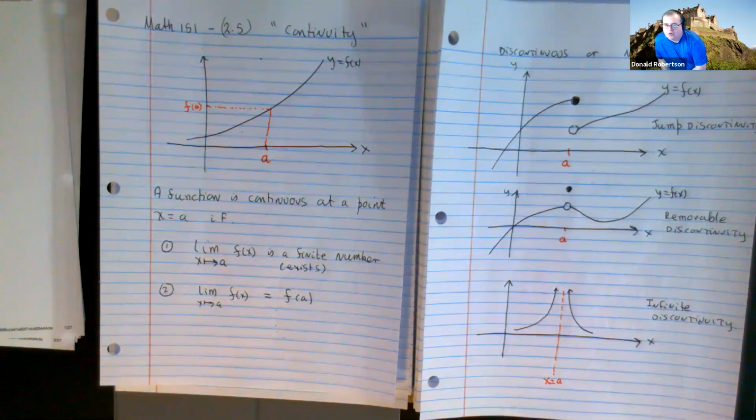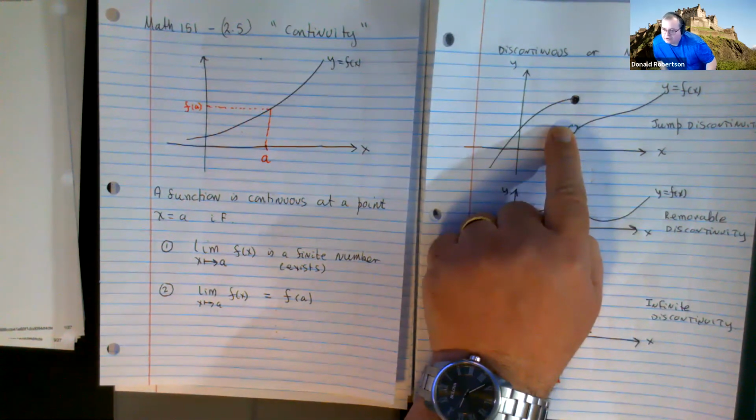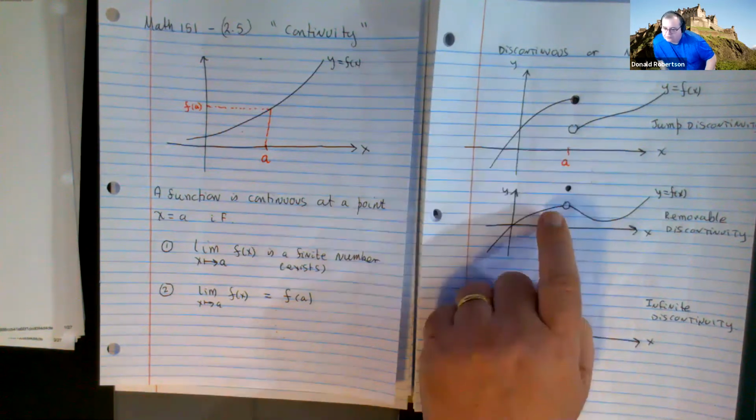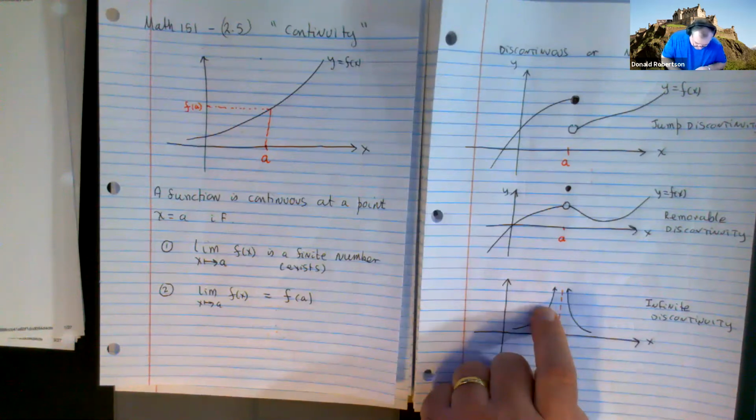These are the 3 major types of places on a function where they're discontinuous. Jump discontinuity, removable discontinuity, infinite discontinuity.